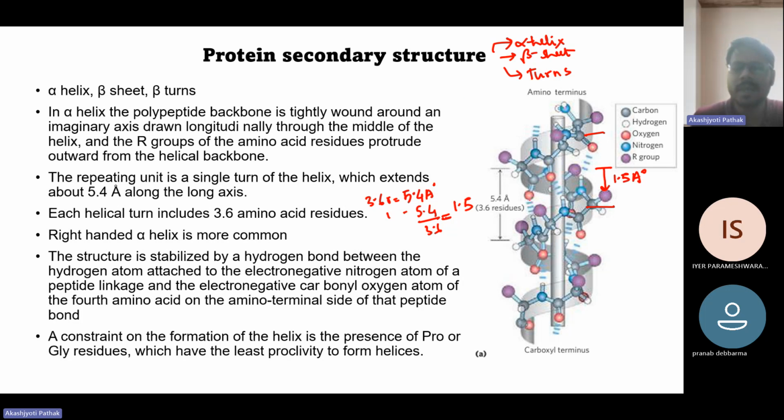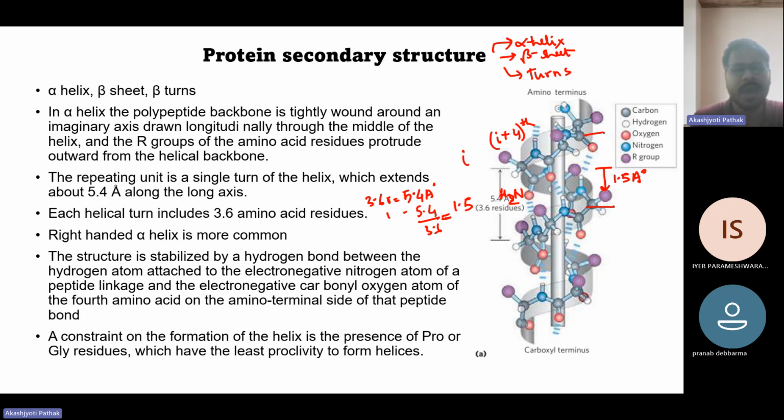The hydrogen bonds are formed between the NH group and the carbonyl oxygen. So the ith amino acid residue forms a hydrogen bond with the I plus 4th amino acid residue, and through the formation of these hydrogen bonds, this entire structure is stabilized.